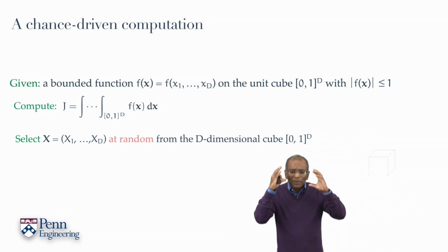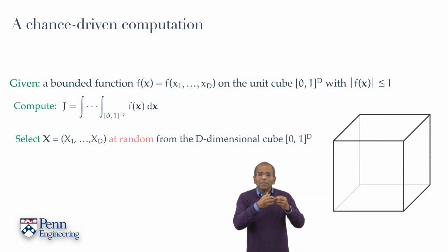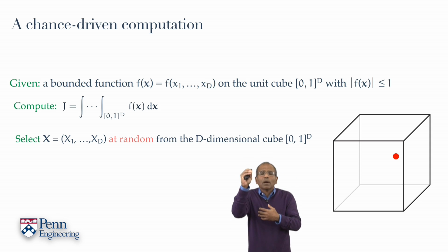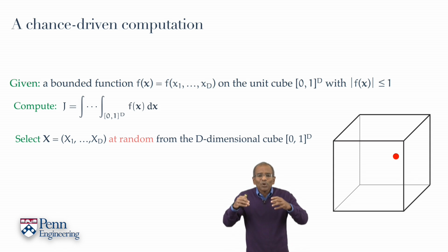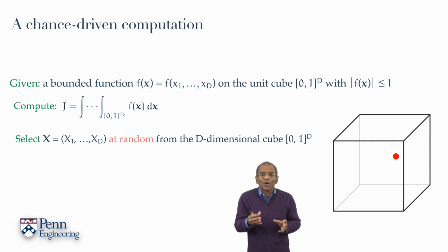All right. To put an image firmly in your mind, imagine that you have a 3-dimensional cube. You have 3 variables. You're going to pick a point inside the cube, eeny, meeny, miny, mo, at random, and out comes a value. Of course, you want to do this in a uniform way over the whole cube so that no area is unfairly represented over the other.